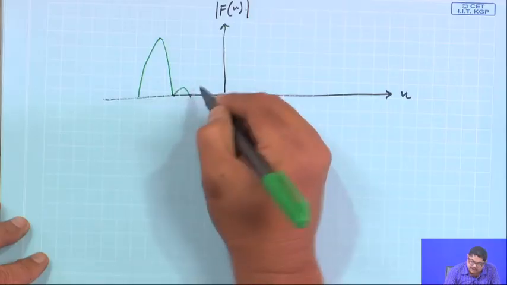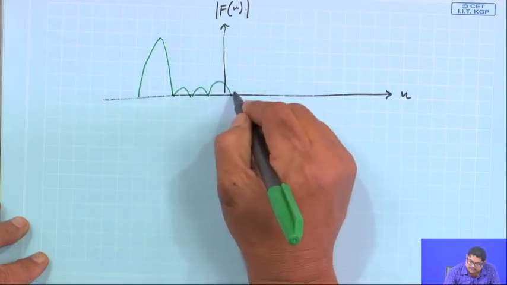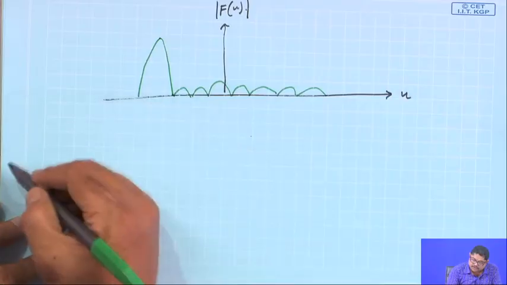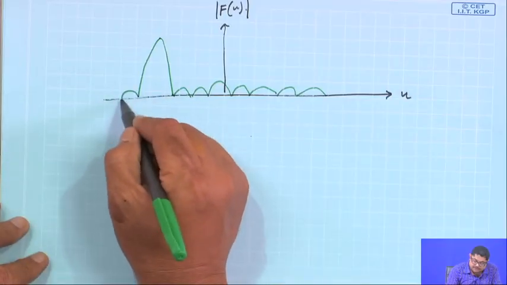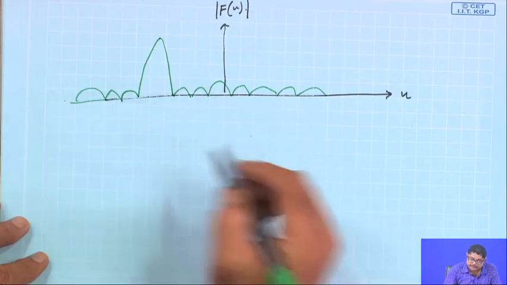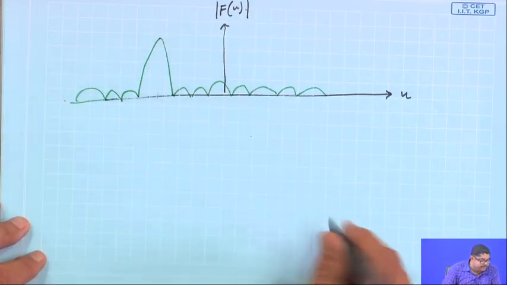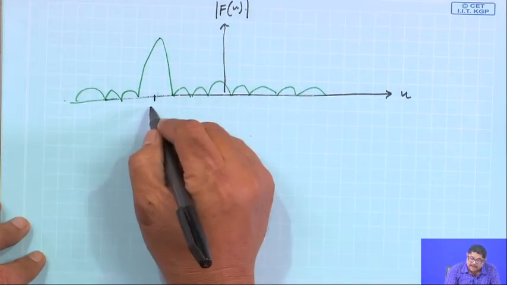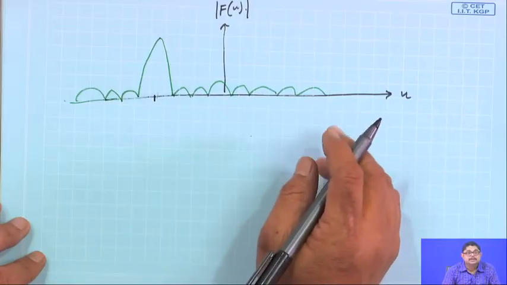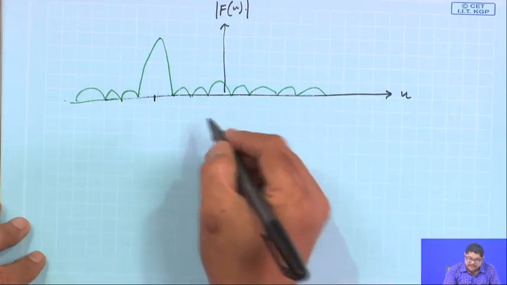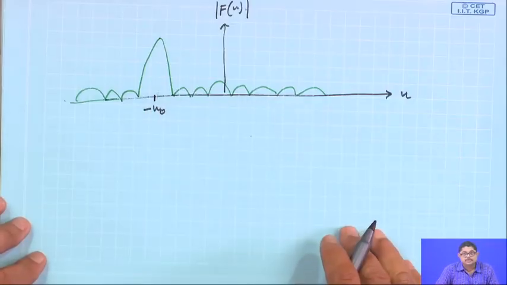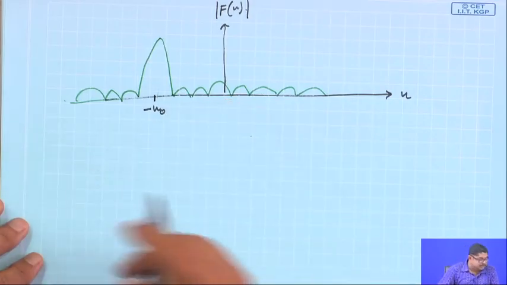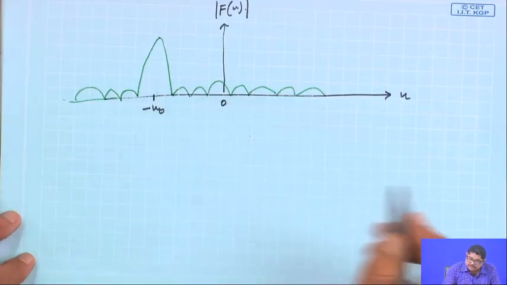I am arbitrarily drawing it; this is arbitrary, but it should be symmetric. Then suppose this is my main beam. Obviously, the main beam we always get at the point where sin of u plus u naught should be 0, that means at minus u naught. This is always true. For a broadside array this u naught is 0, which is why it comes here. So, this is a general thing, and this is my 0.